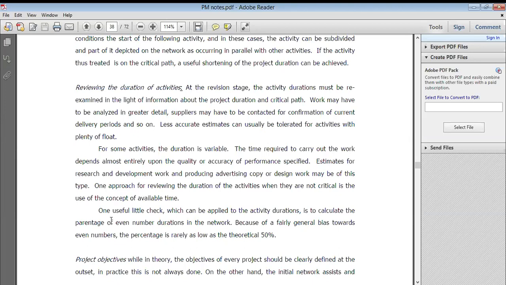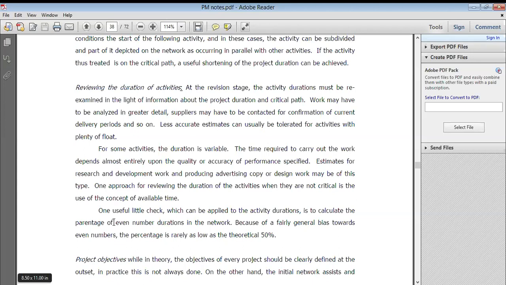And suppliers may have to be contacted for confirmation of current delivery periods. Yes, whatever material you received, whatever material is on the road, every time they contact you, yes, tomorrow it will reach, or after 5 days it will reach, whatever. So you need to maintain those things.